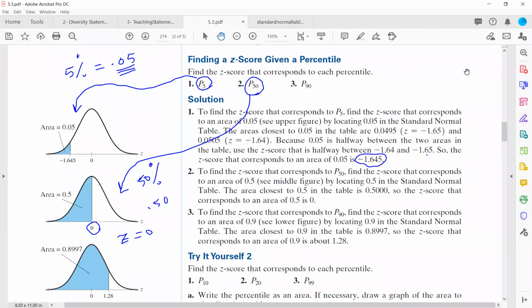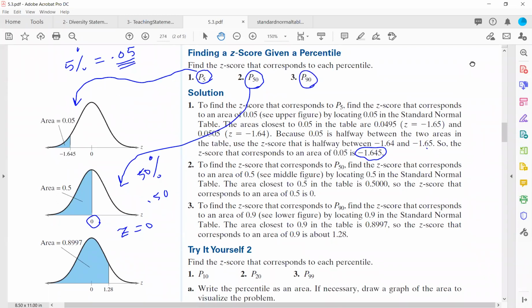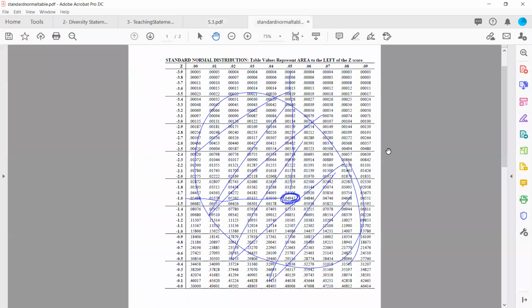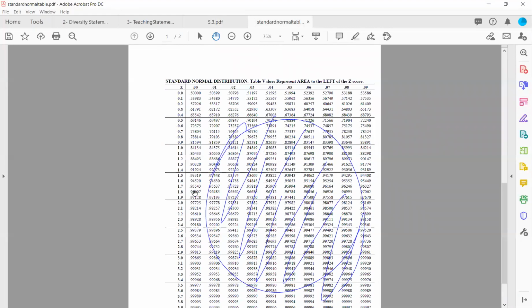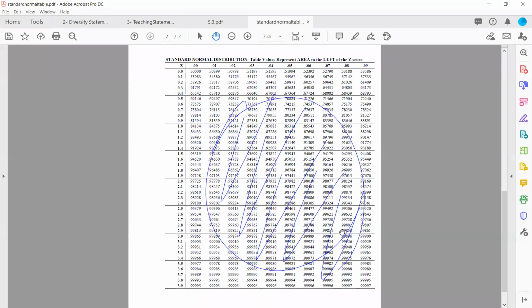Lastly, the 90th percentile. 90% of the area to the left-hand side. So let's take a look at our table. We're looking for 90% to the left. As you can see, the first table only gives you 36%, 40%, and 50%, and more is on the second table for positive z-values. So let us look for 90% here.